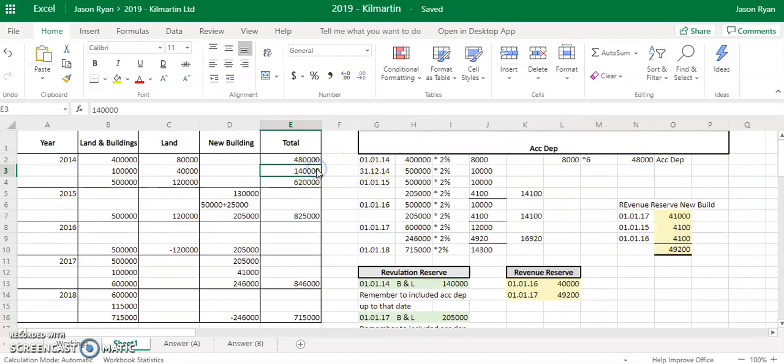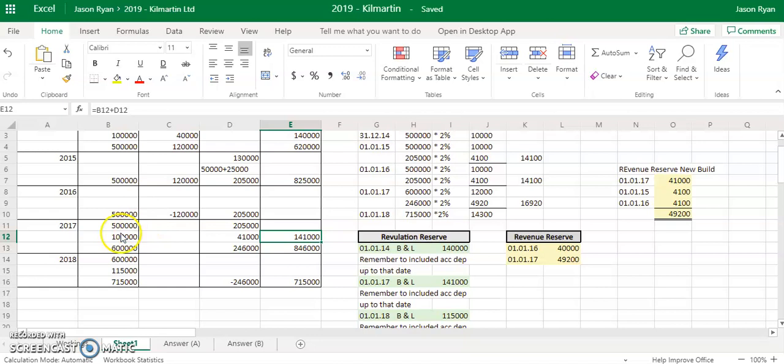So that's the first revaluation we did. The second one is this 141,000. So this we revalued in 2017, 100,000 and 41,000. So the total that went to revaluation is 141,000. And the last one then is when we revalued in 2018, 115,000.